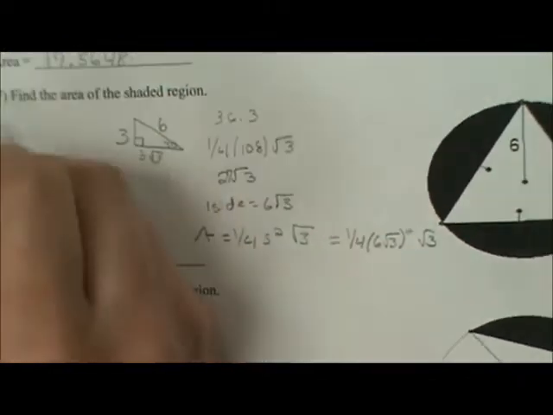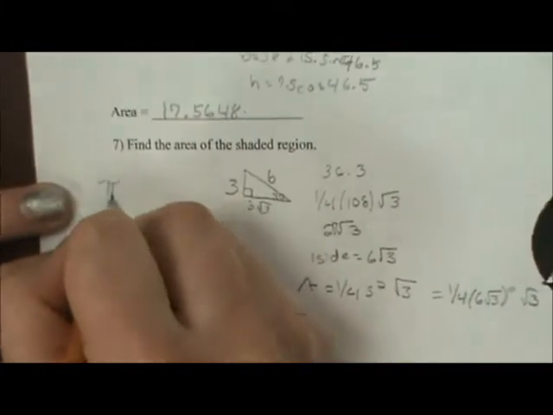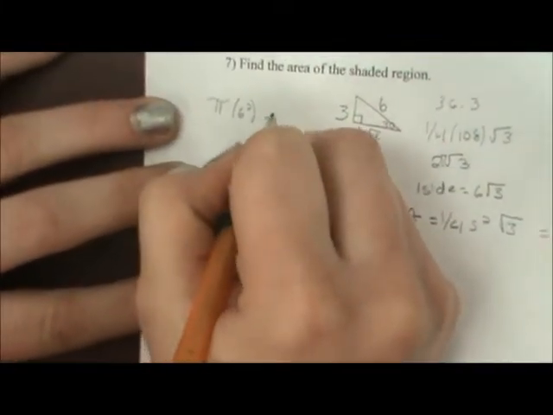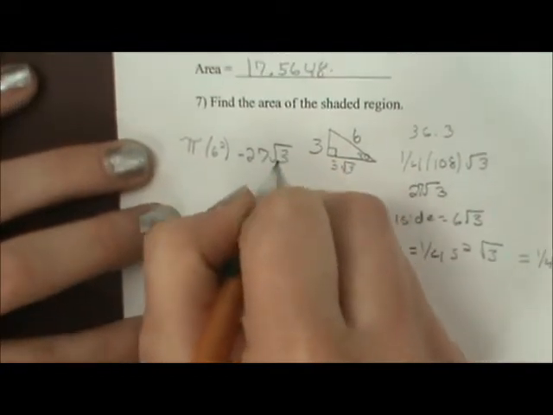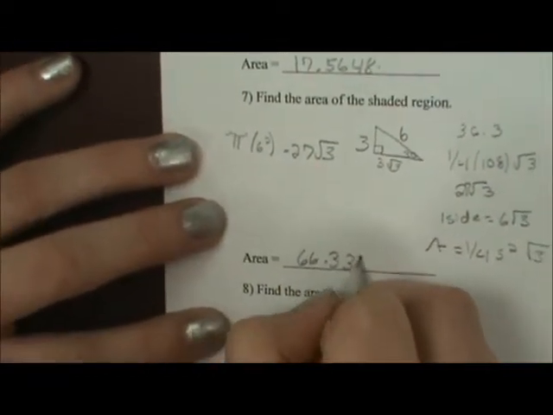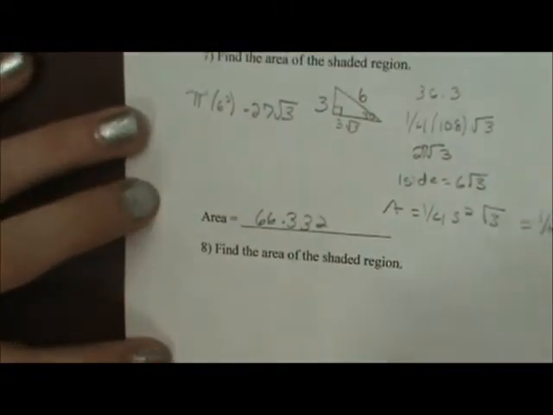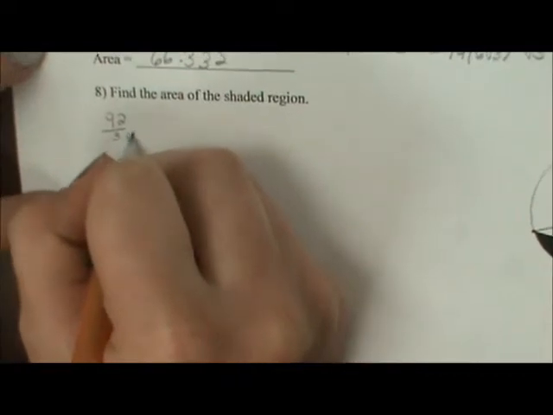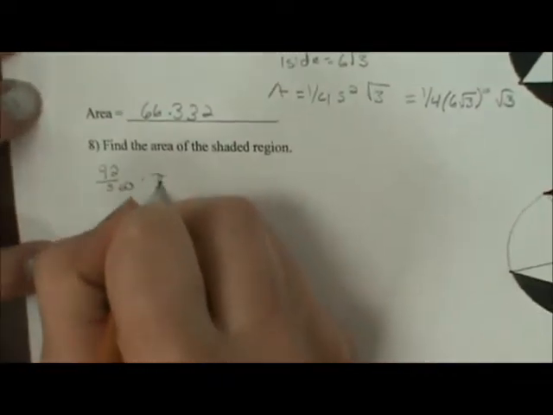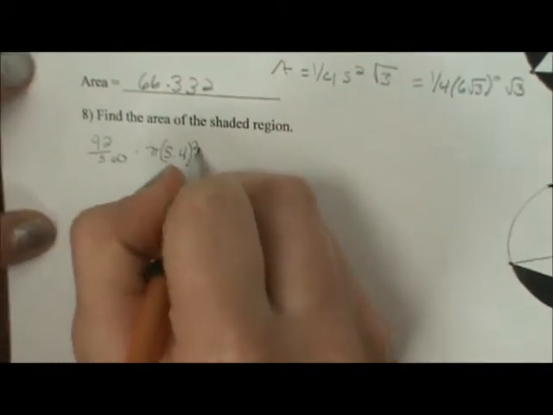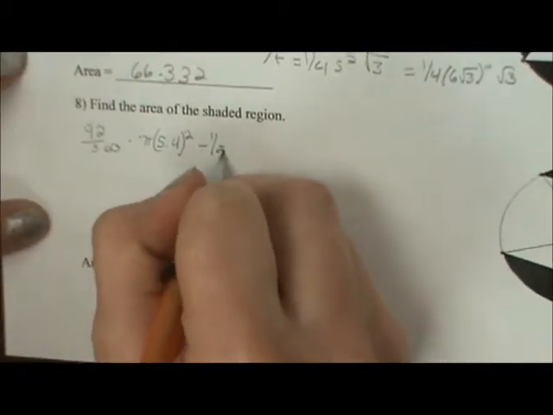So area is going to equal 1/4 side squared times the square root of 3. So we just plug everything into that equation. Pi times 6 squared minus 27 square roots of 3, because we have to multiply that by 3 to find all the perimeter of the triangle. And the area is going to be 66.332.